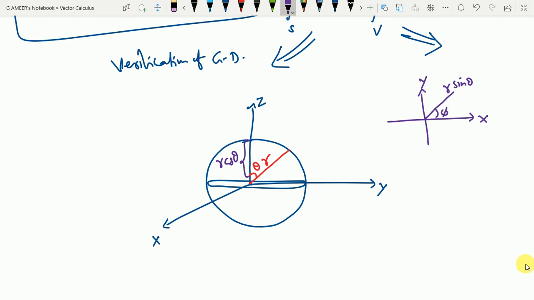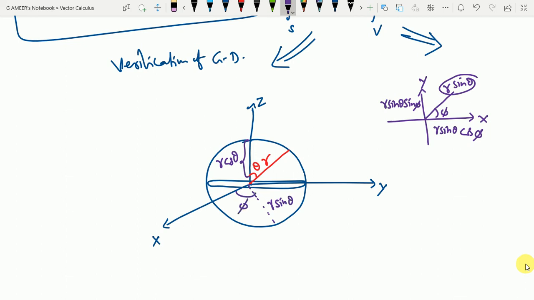When I resolve r sin theta again, the adjacent side is r sin theta multiplied by cos phi, and the other side is r sin theta multiplied by sin phi. So the components will be like this. The r sin theta makes an angle phi here, the azimuthal angle.